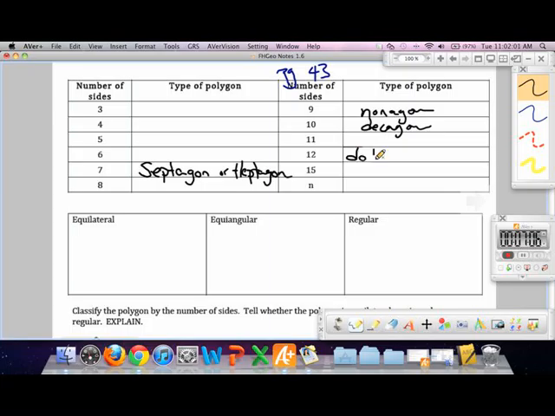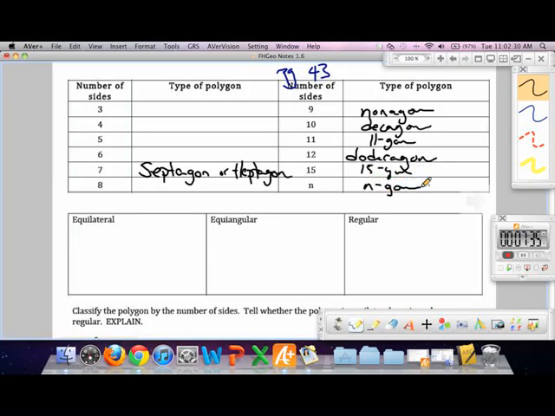Anything that's not one of these very common ones, we can call by the number of sides plus gon. So if it's an 11-sided figure, we'll call it an 11-gon. It sounds pretty dumb, but it's not very hard. 15-gon. If it has n sides, we'll call it an n-gon. Those things you should know on your own.